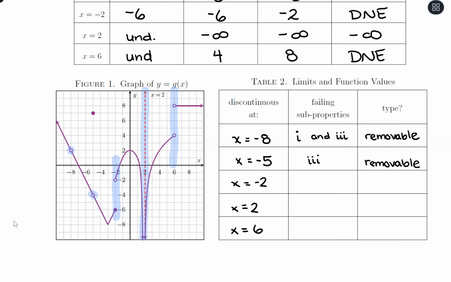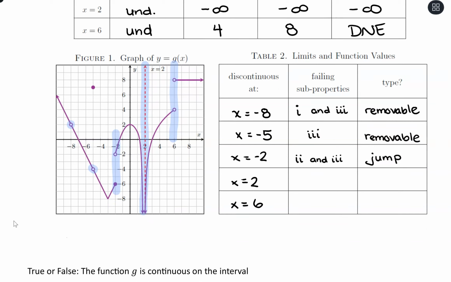It's just one where we're defined at another coordinate. At x equals -2, we have our jump discontinuity. So our function's defined, but our two-sided limit does not exist. So we're failing property 2, which makes property 3 fail. And that is our jump discontinuity.